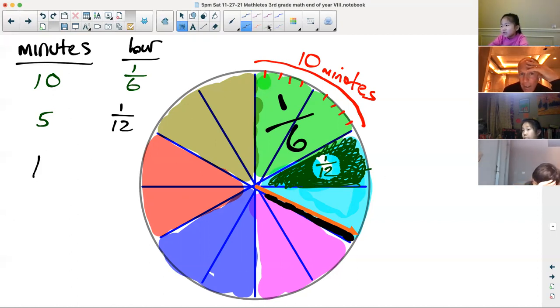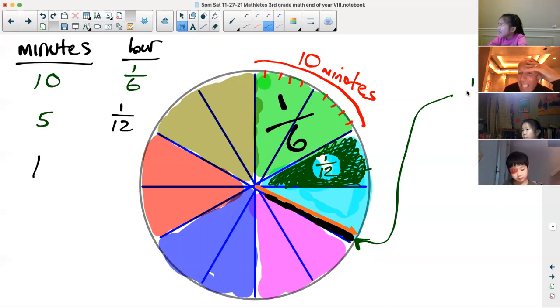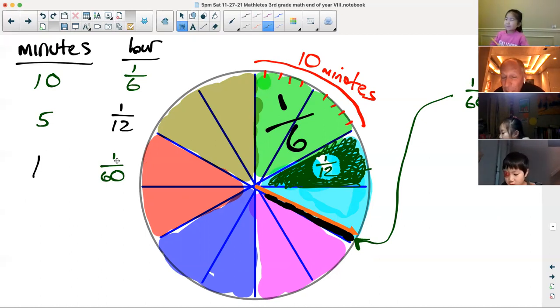How many of these pieces would we need to fill up an entire hour? 1/60. That is right. It is 1/60th. We would need 60 of those pieces to make up a whole.